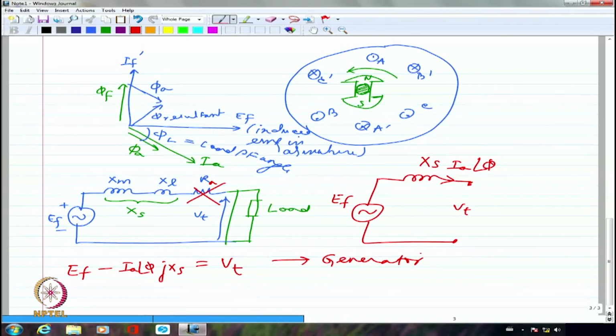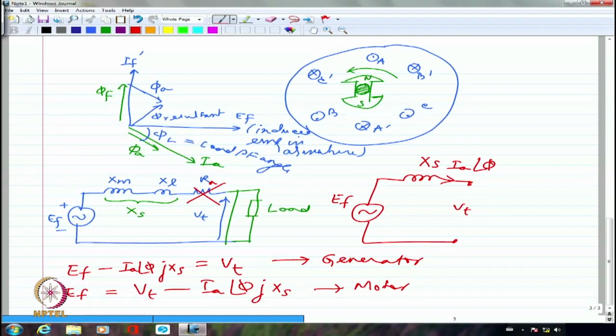Because I am applying Vt and what I am getting on the other side as back EMF or counter EMF is Ef. That will still be there. It's not that it is going to go away somewhere. So I will have Ef equal to Vt minus Ia angle phi multiplied by jXs. This will be true for a motor.